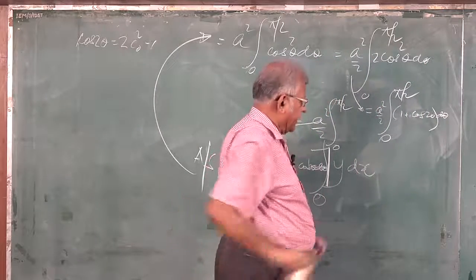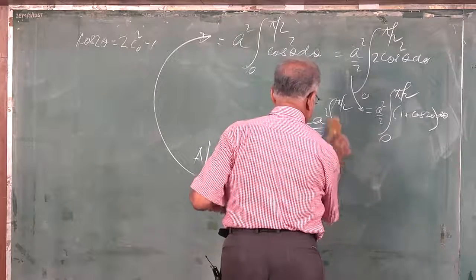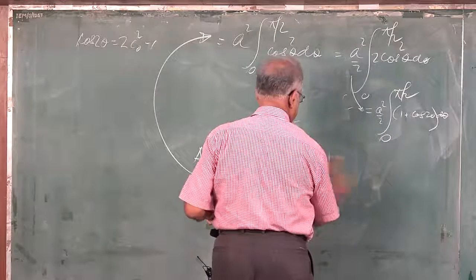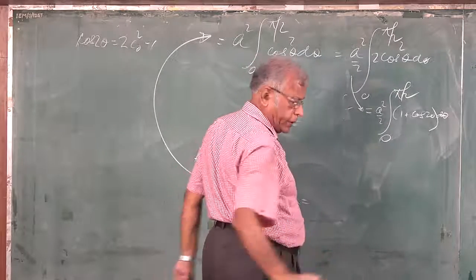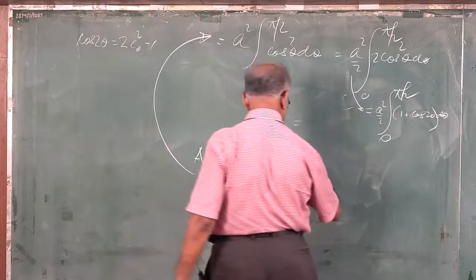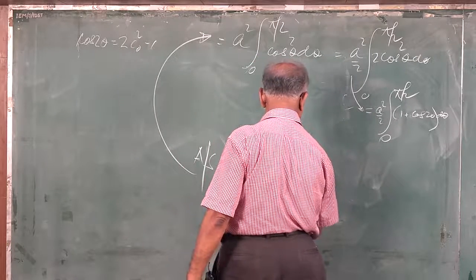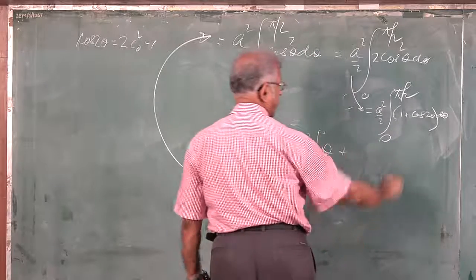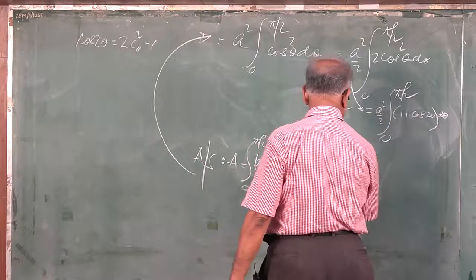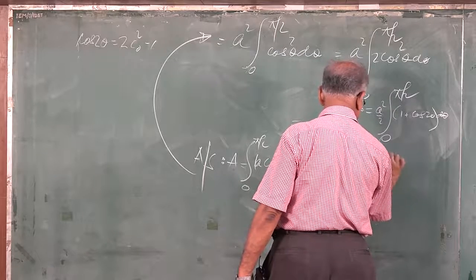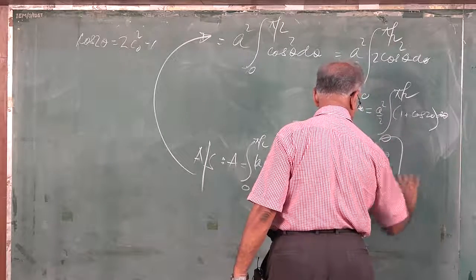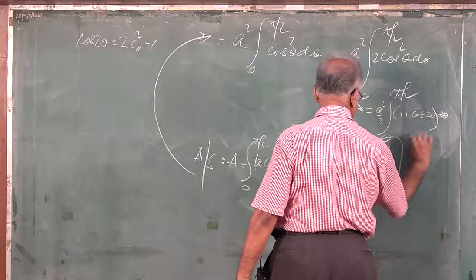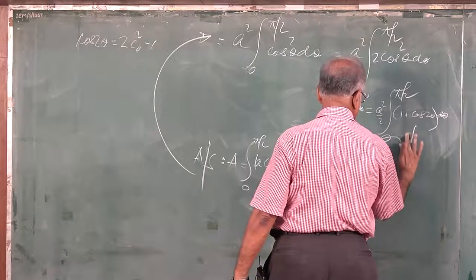Now this is very simply a squared over 2, integrate the 1, you get theta, integrate cos 2 theta, we get sine of 2 theta divided by 2, between 0 and pi by 2.